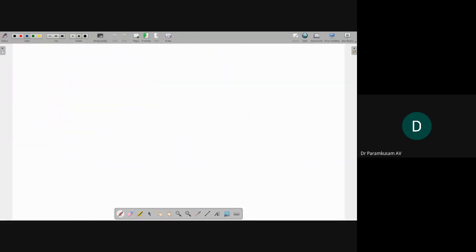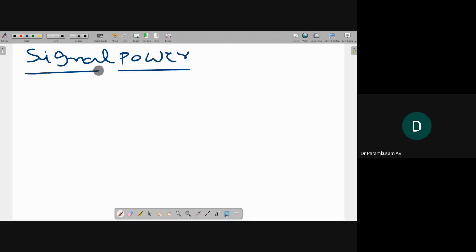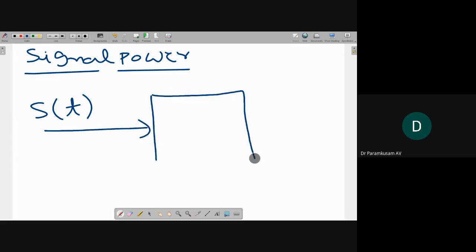Now we first find the signal power. For this calculation, suppose we consider only signal. For calculating the signal power, we consider only signal. That S of t is given to the filter. There is no noise.